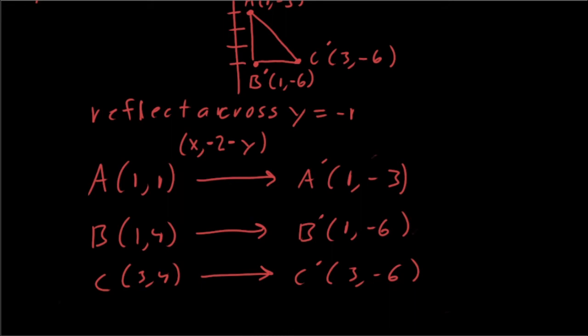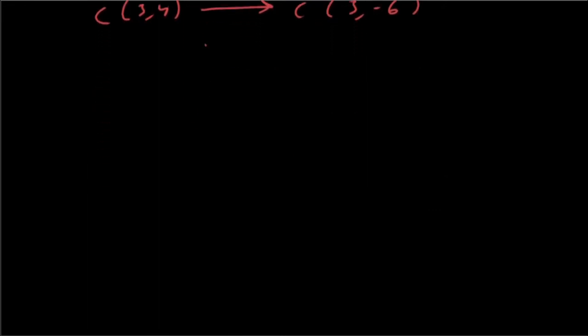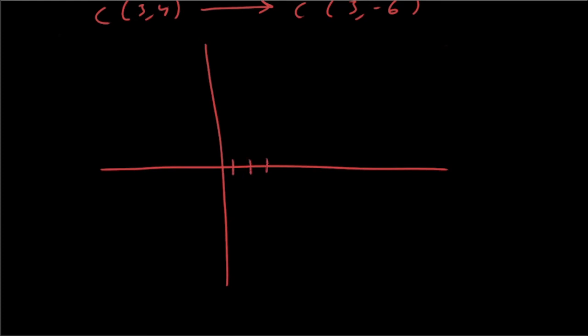Okay, let's do one more, using the same triangle. So I have my original triangle here. This is A, which is 1, 1.